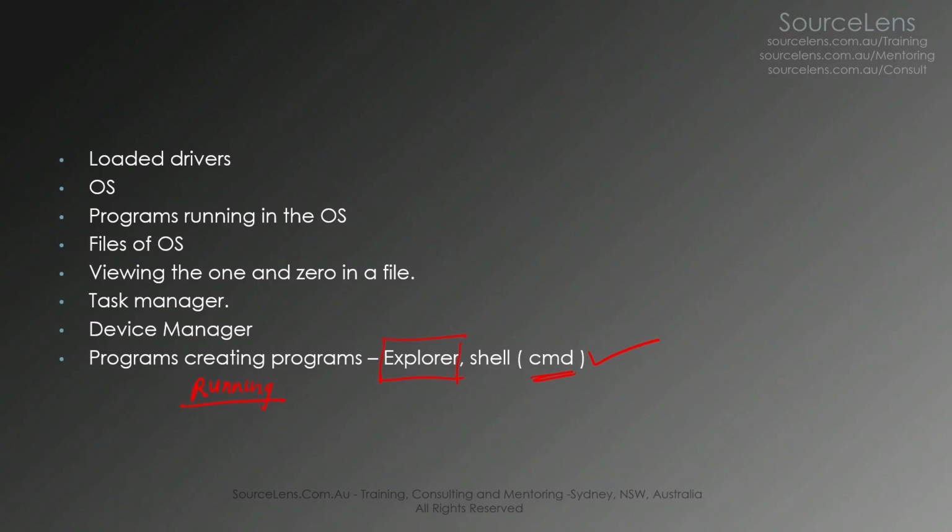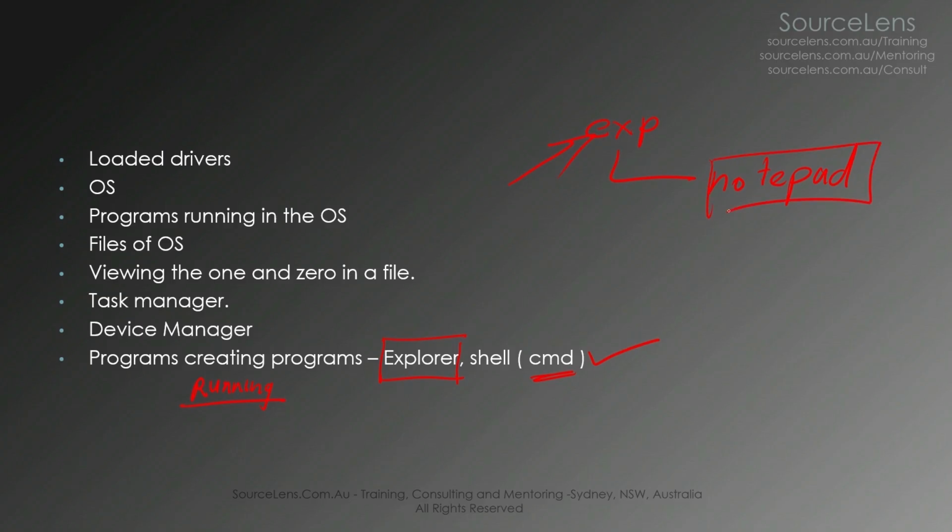Question: if we close Explorer, will all other programs be closed? Good question again. The question is, if you kill a program which has started other programs, for example, Explorer has started a Notepad and then you kill Explorer, will the Notepad die?